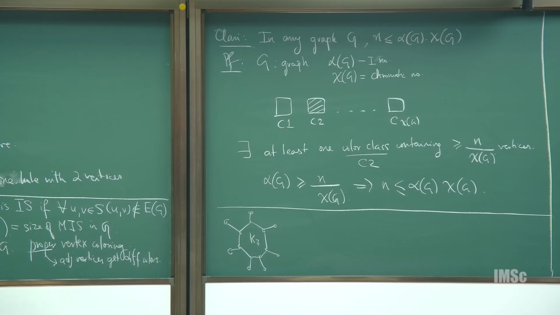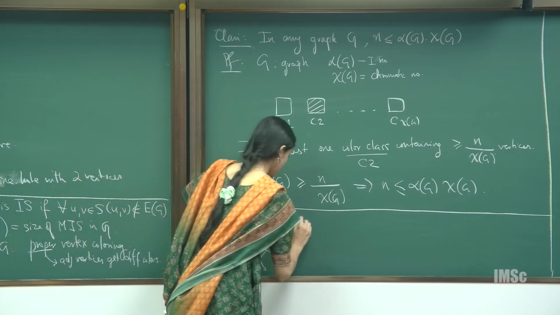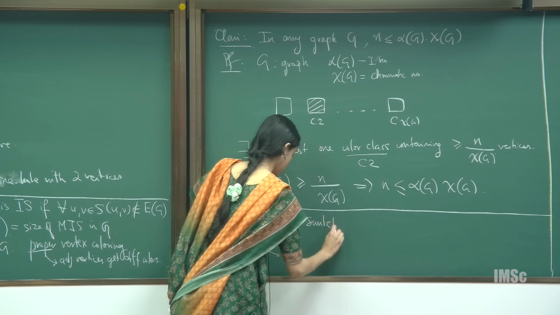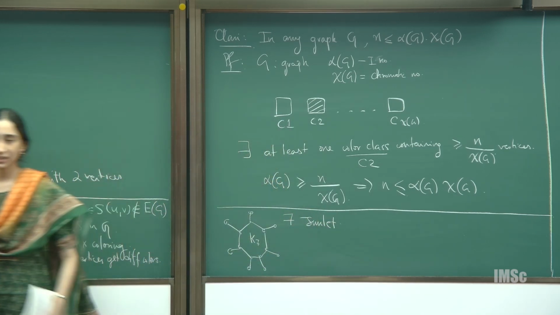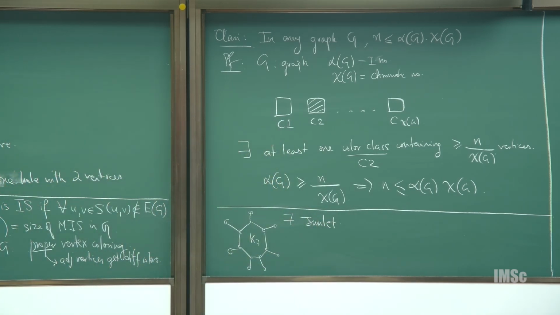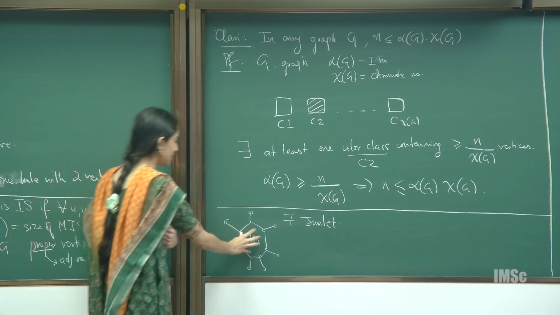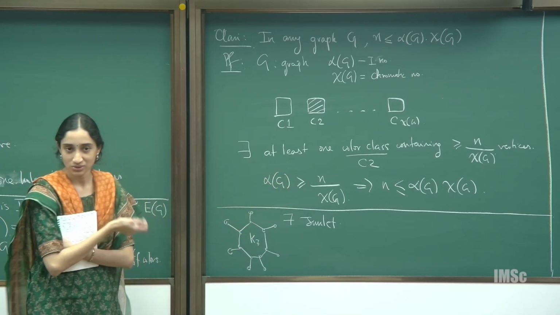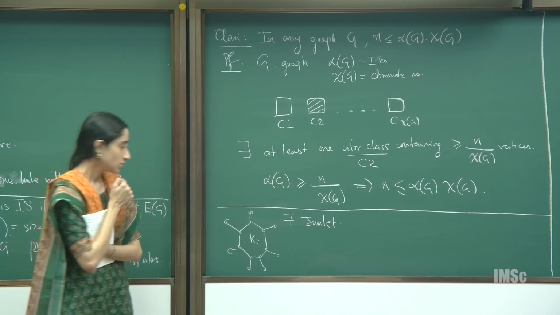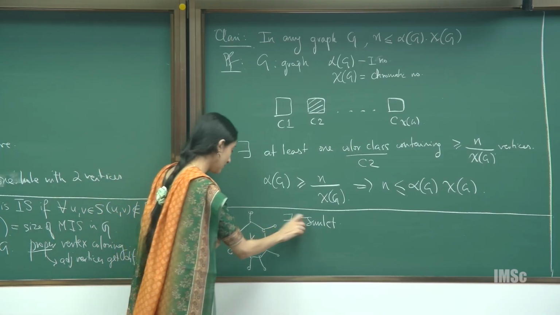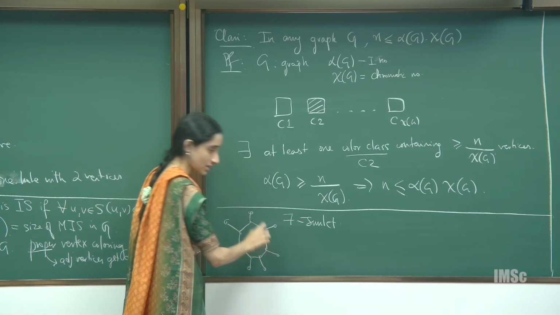This is called a sunlet, I think. So what is the independence number of this graph? What is the chromatic number? It looks like a sun, right? This is a complete graph and then there are some rays outside. So it's a 7-sunlet, and there are 7 vertices in the center and then there are some rays.